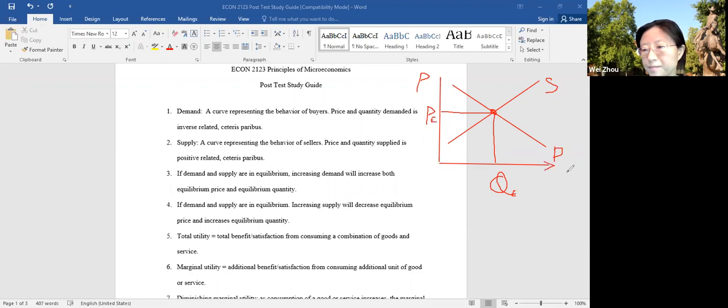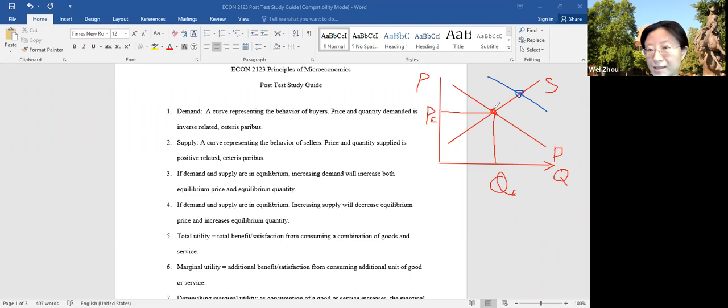However, if something is changing, let's say there are more people in this town, then demand must shift to a new place. And that is how your equilibrium reaches a new price.